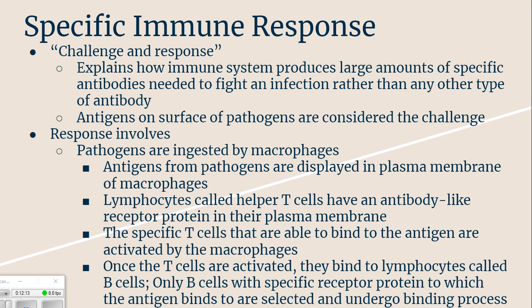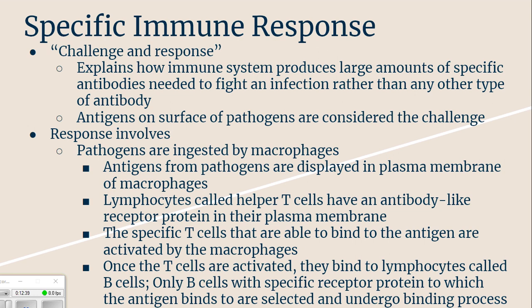So in looking at the specific immune response that gets generated, we'll look at this model of what's called the challenge and response in looking at how a specific immune response is generated. So the challenge and response explains how immune systems produce large amounts of specific antibodies needed to fight an infection rather than any other type of antibody.